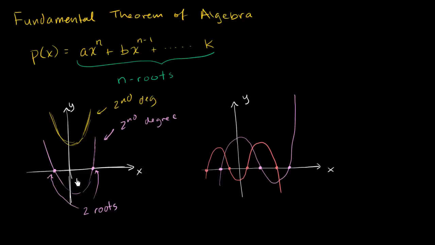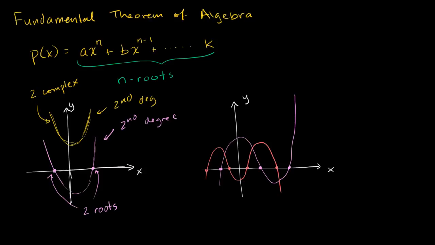That's why you don't see it intersecting the x-axis. But we will have 2 complex roots. So this one right over here will have 2 complex roots. And the non-real complex roots, because really real numbers are a subset of complex numbers, always come in pairs. And we'll see that in future videos.